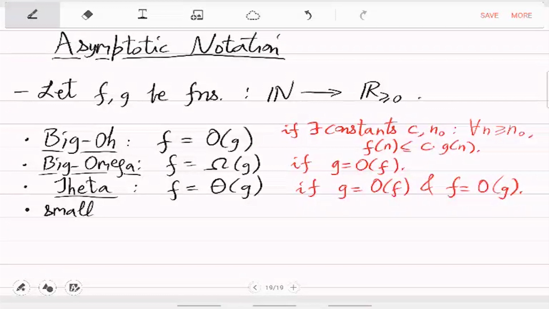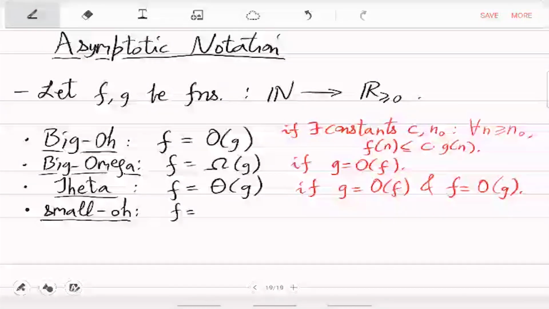You want this relationship that two things are equal. For big O there is a small o. What is that? So small o is this idea that f is strictly smaller than g. So it's not a constant multiple. In the big O case f by g was like a constant.